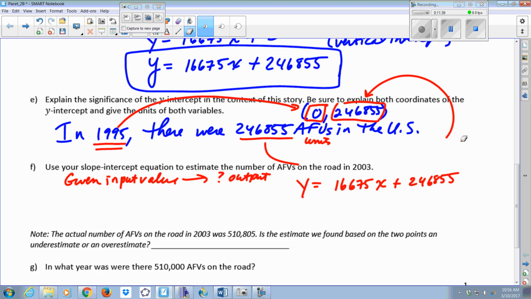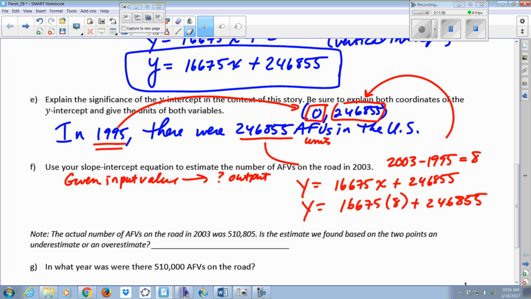So I've just got to figure out what's the value for x here. 8. I don't put 2003 in because x is the number of years after 1995. So I subtract and I get 8. So to figure this out, I would simply put in an 8 for x, and I would come up with an answer. Thank you. 382,350. Okay, 380,255. Good.